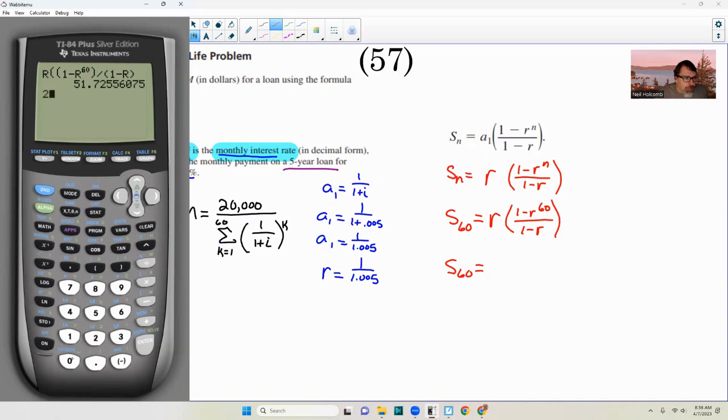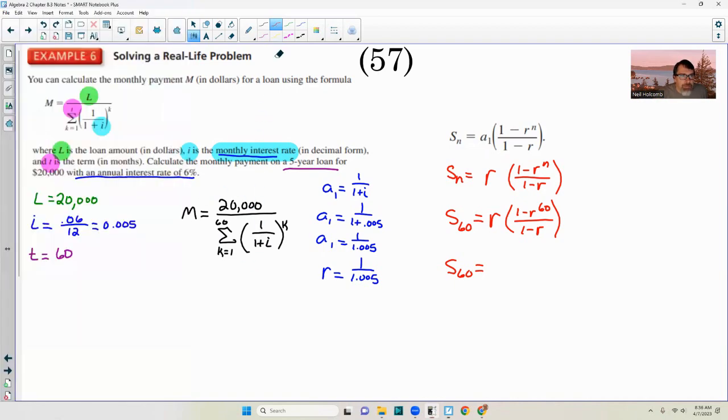Then I take my numerator, which is my loan amount, $20,000, divide, and so I don't round this, I'm going to hit second ANS to bring that answer of 51.7255. And I hit enter, and I get $386.66. So $386.66 is going to be my monthly payment.